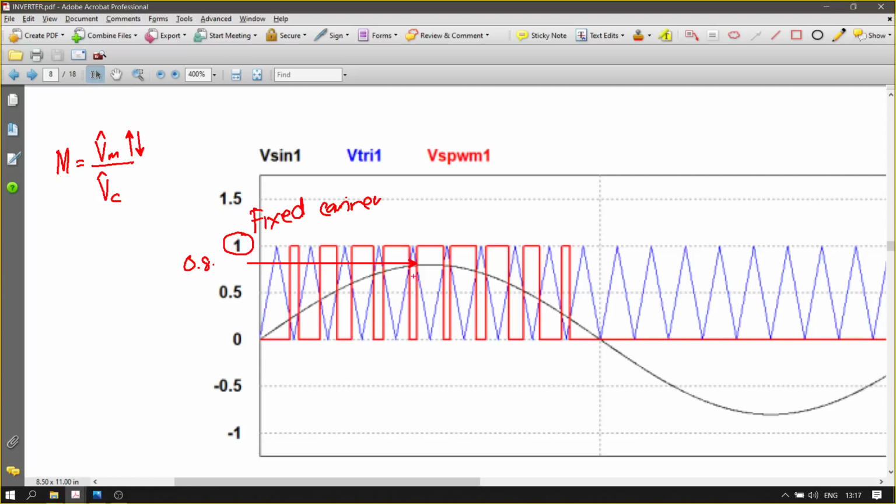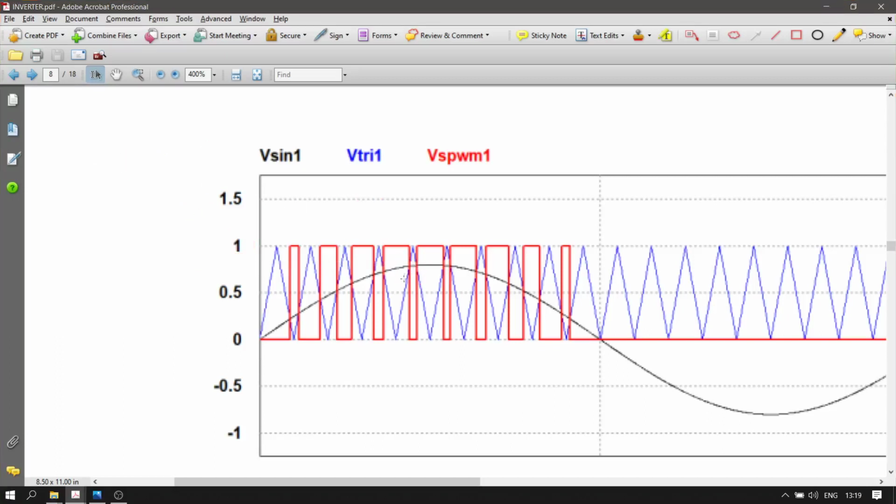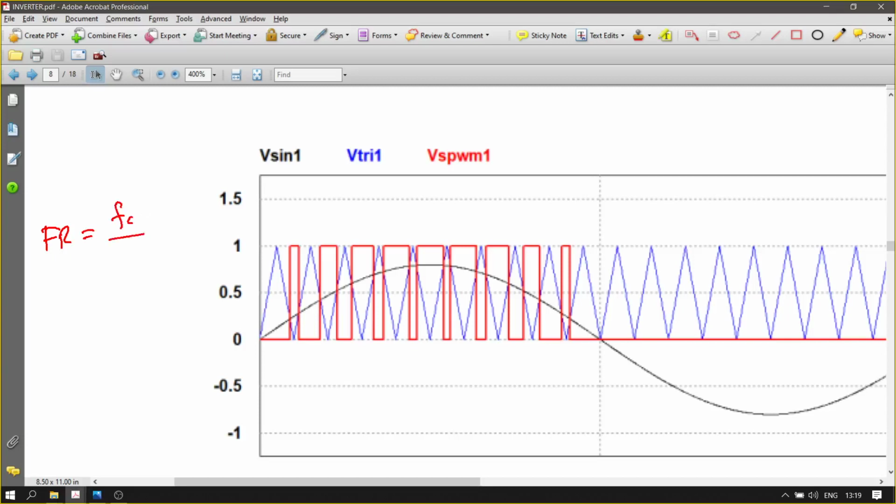Again, we also have the frequency ratio, which is the frequency of the carrier, Fc, divided by the frequency of the modulating signal, Fm. This is example 3.